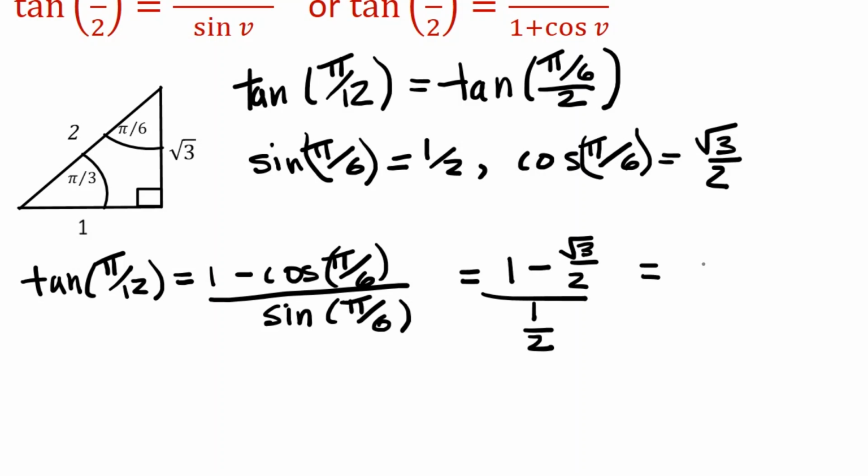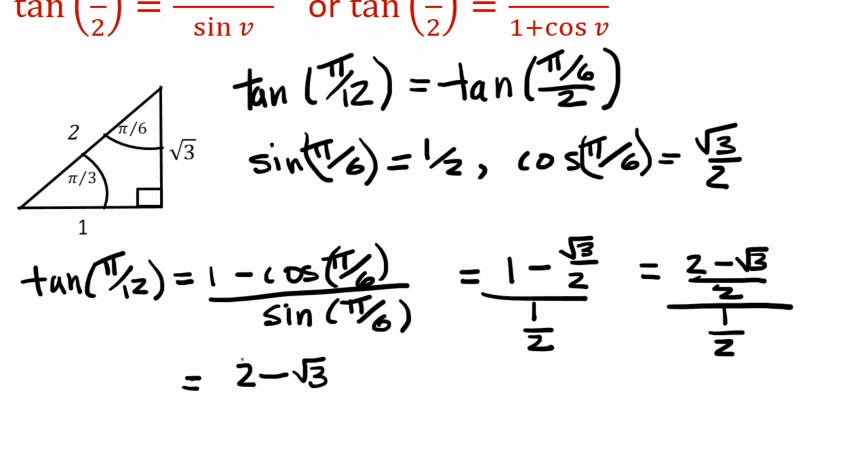Of course, that's going to give me 2 minus the square root of 3, all over 2, all over 1/2. And I can multiply by the reciprocal, so I'll have 2 minus the square root of 3, I'll just put that in parentheses so I don't get myself confused, divided by 2 times the reciprocal, 2 over 1.